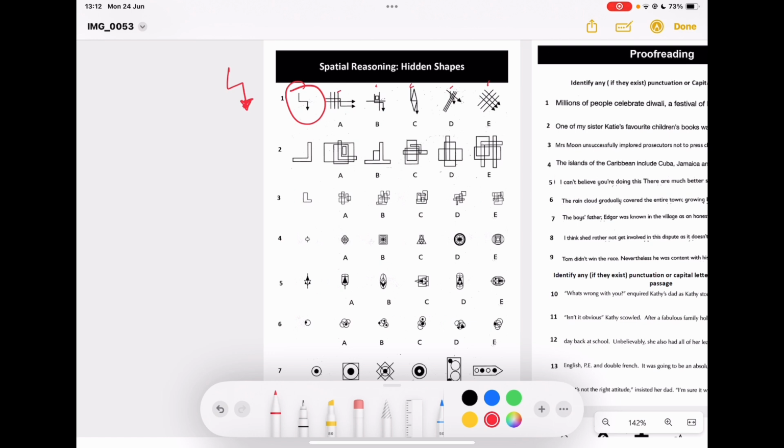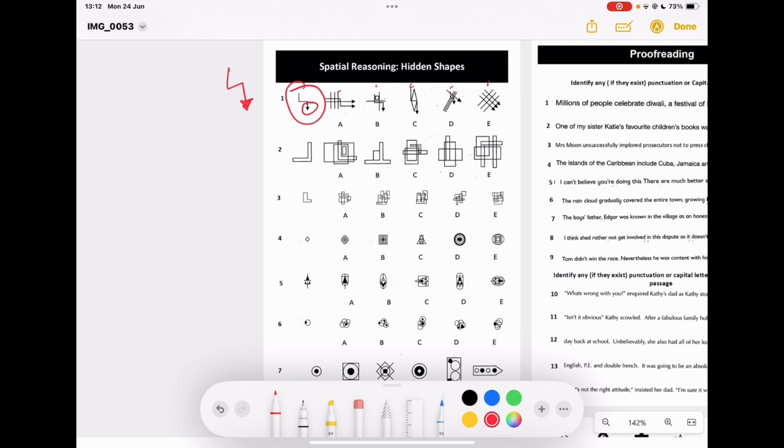So how we can do this is by looking for a key feature, and this can be the arrowhead. So we can see that there are arrowheads in each of our options, so now what we have to look for is something that is the exact same size and the exact same shape, so same size, same angles, so it needs to be like an S shape that's rotated exactly like in question 1.